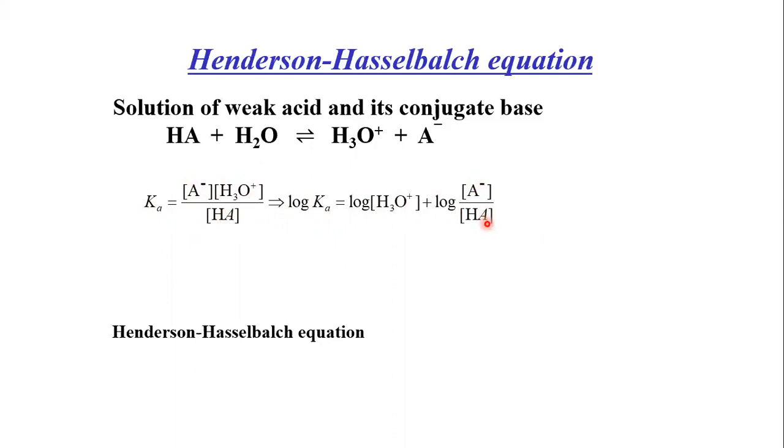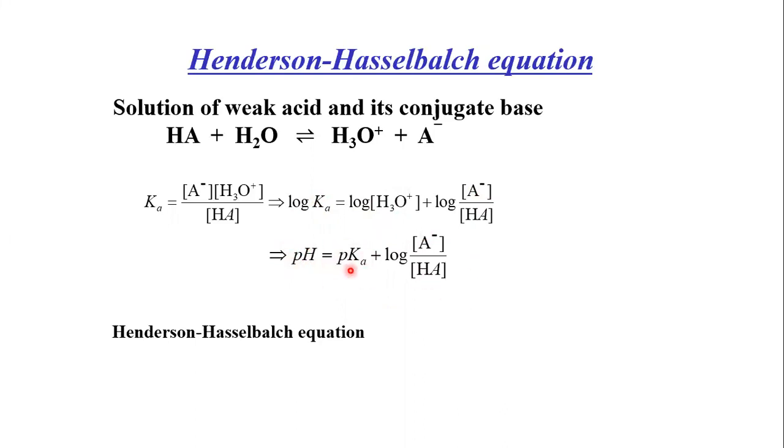No particular reason, because we're doing this type of derivation. Now, take the log of H plus, put it on the other side, and the log of Ka, put it on the other side, and then take the negative. This will be minus log of H3O plus, which is simply the pH, and this will be the minus log of Ka on this side, which is pKa. And this is the equation that I actually need.